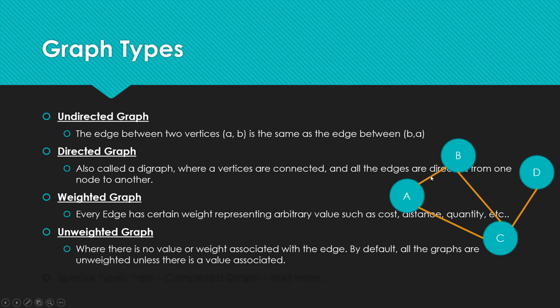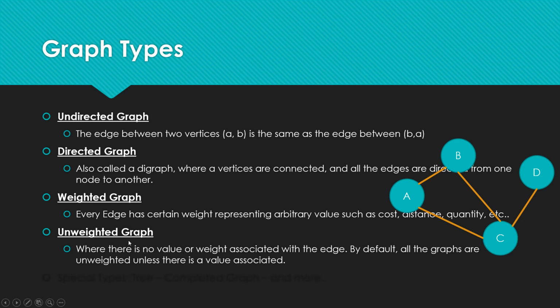But for an undirected graph, that means if you can traverse from A to B, it's the same as traversing from B to A. That's the main difference between an undirected graph and an unweighted graph.